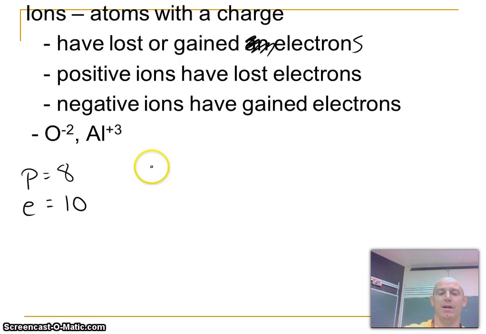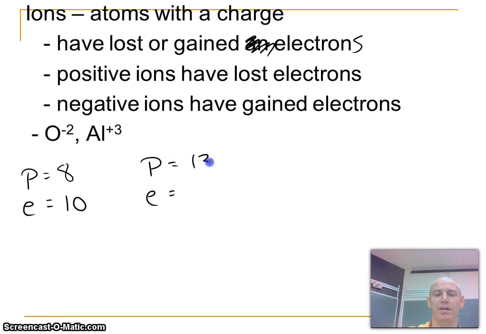Aluminum with a +3. The aluminum ion is going to have, aluminum has an atomic number of 13, so it's going to have 13 protons, and because it has a +3 charge, it means that it has 3 fewer electrons than what it should have, right? Because positive ions have lost electrons.